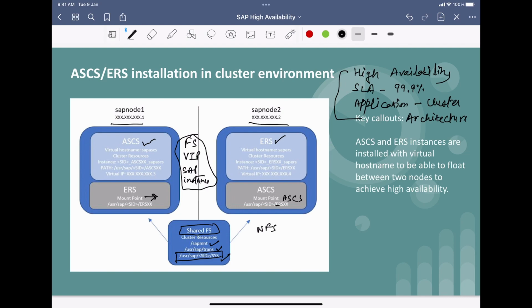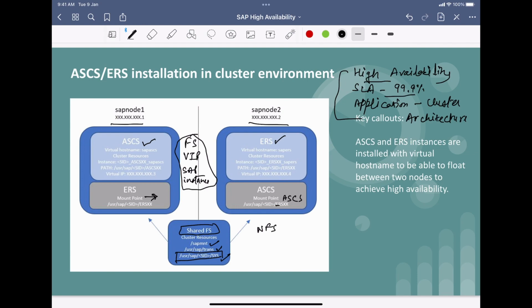In the first slide we learnt what high availability is. It is nothing but providing redundancy at different services or different layers, to achieve a higher SLA.